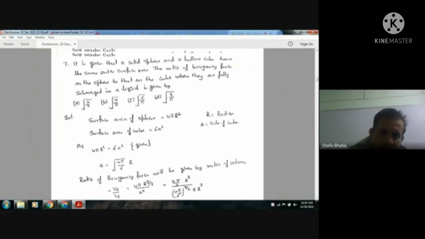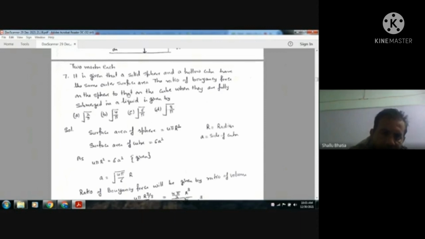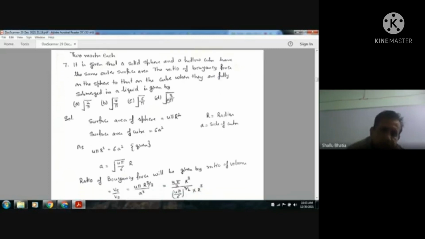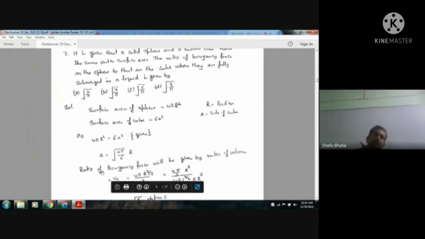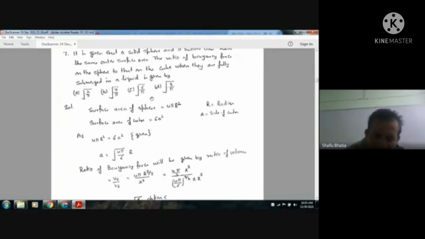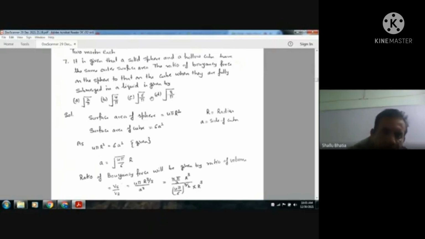Now we have to calculate the ratio of buoyant force. The buoyant force is nothing but the weight of the water displaced by the object. And the weight of water is directly proportional to the volume of water displaced because the density in both the cases is the same.